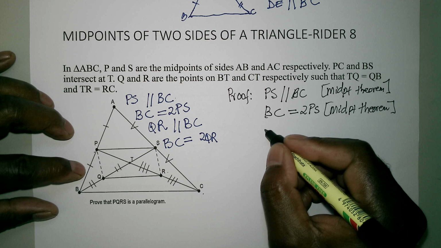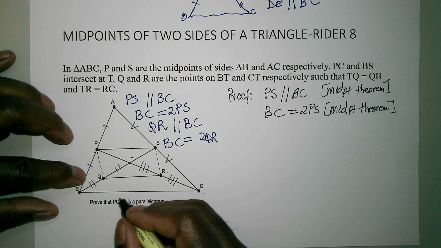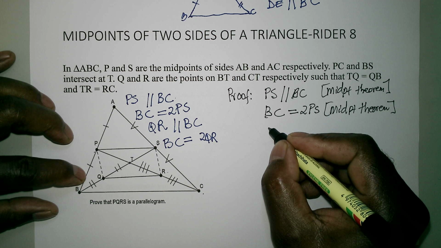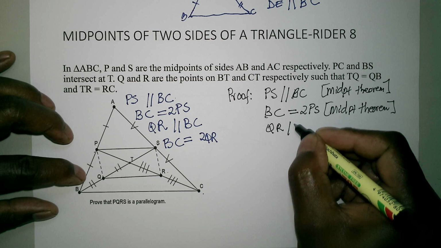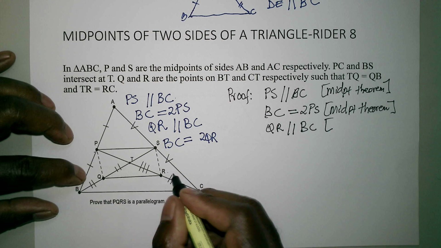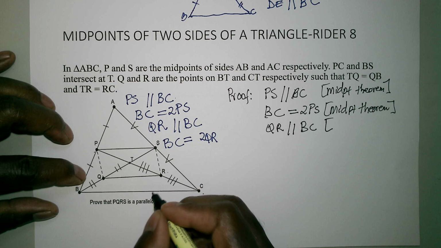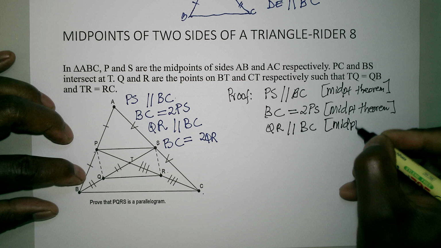And what else? We'll come to this smaller triangle. QR is parallel to BC, by the midpoint theorem. Because of these midpoints that are joined together, that leads to parallel, midpoint theorem.